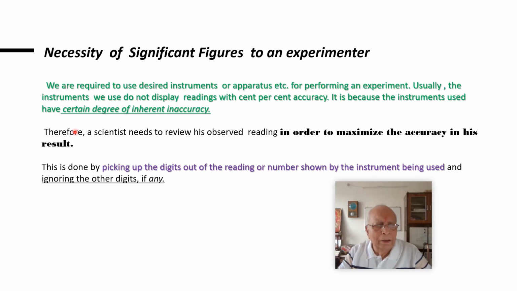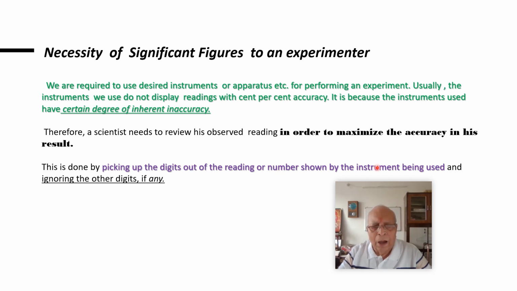Then here is a necessity. I have already explained that there is a certain degree of inherent accuracy in most of the instruments. So in order to maximize the accuracy in the result, one has to review the observed reading and use significant digits.